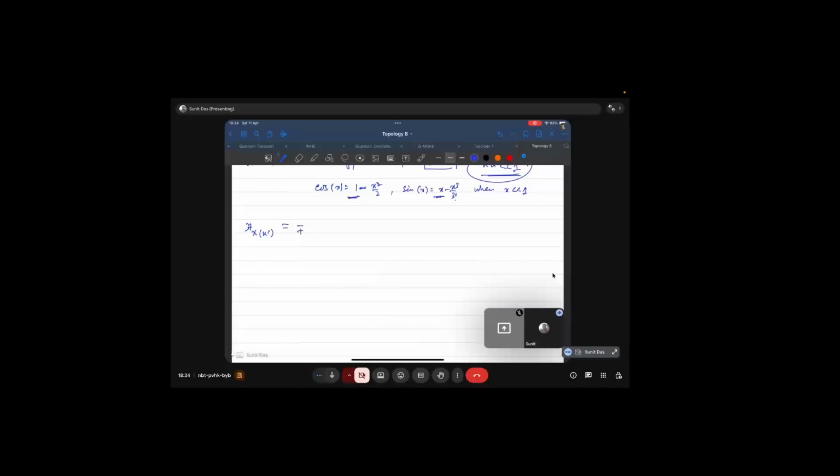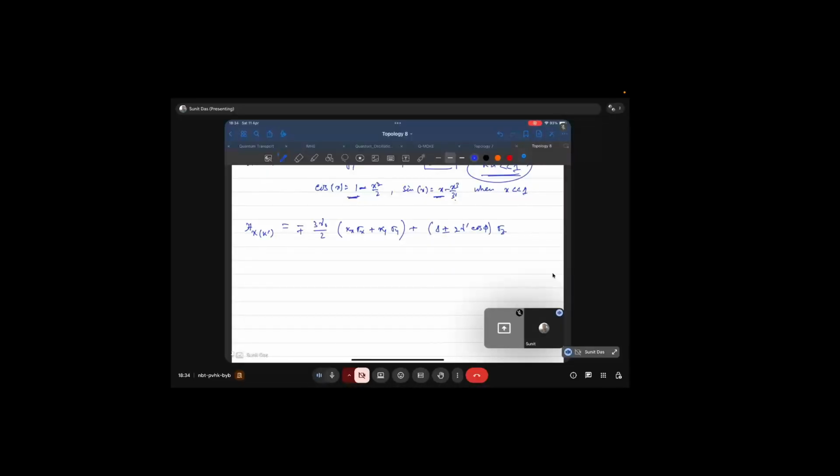minus plus 3 gamma 0 by 2 kx sigma x plus ky sigma y plus delta plus minus 2 gamma prime cos phi sigma z.